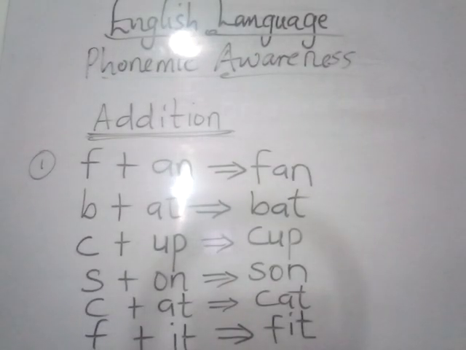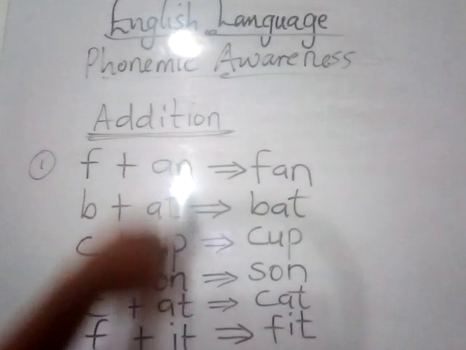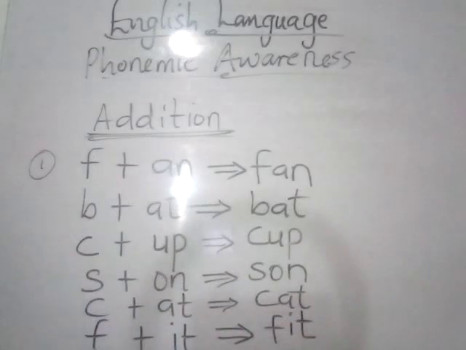When we talk of addition in phonemic awareness, we are actually referring to how certain sounds, when added to other sounds of existing words, form new words. Adding specific sounds to already existing words will form new words. Let's look at some examples so that we understand what we're saying.